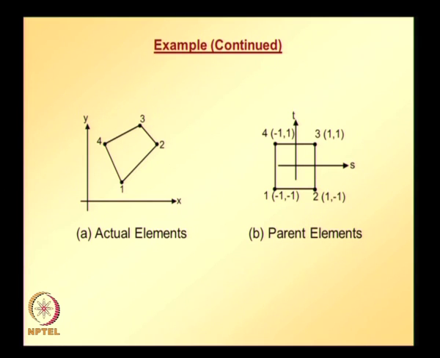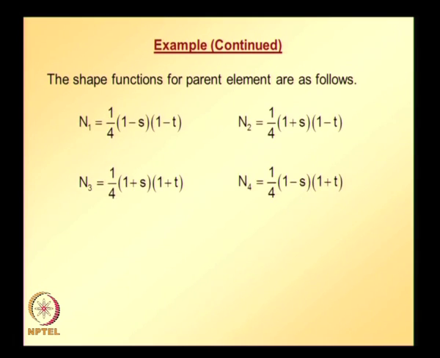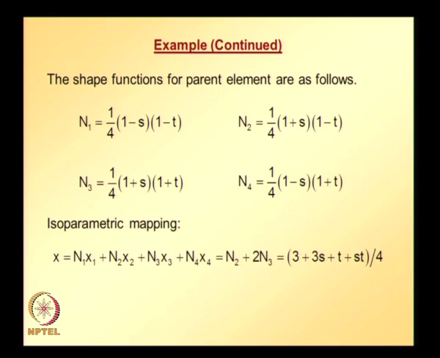So, now going back to the problem that we are looking at, the shape functions for the parent element are these N1 to N4 in terms of s and t, and we already noted down what are x1 to x4, y1 to y4. So, we can easily write the expressions for isoparametric mapping.